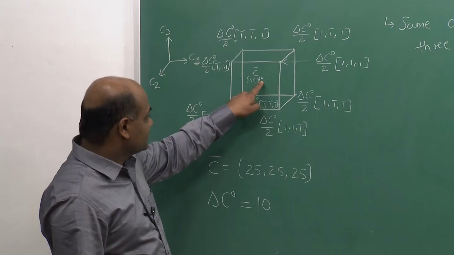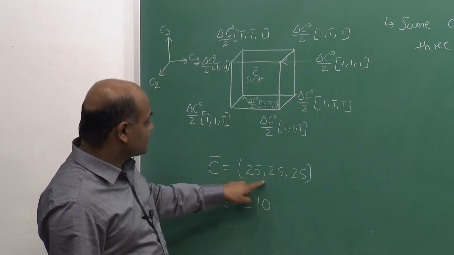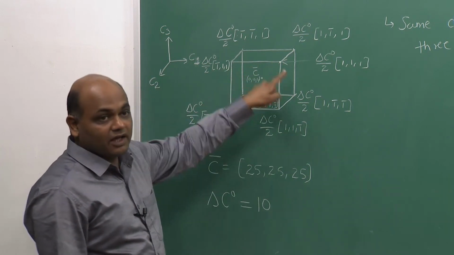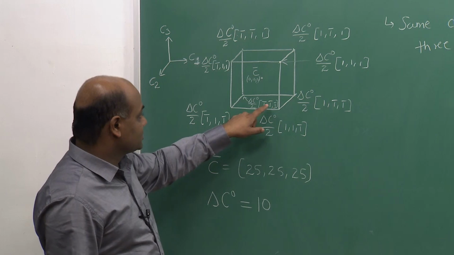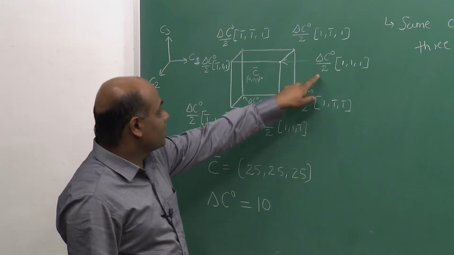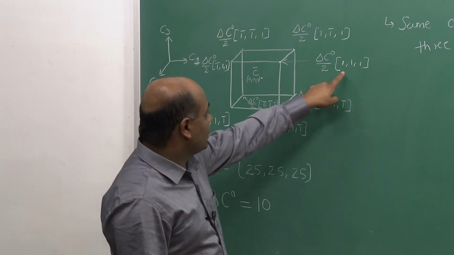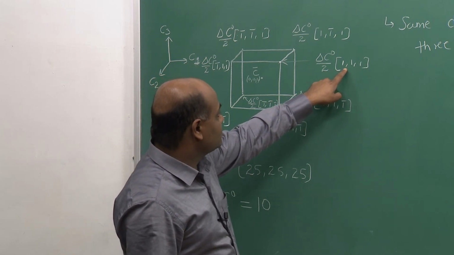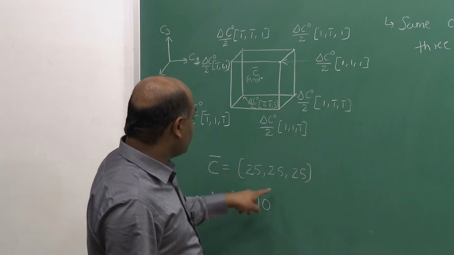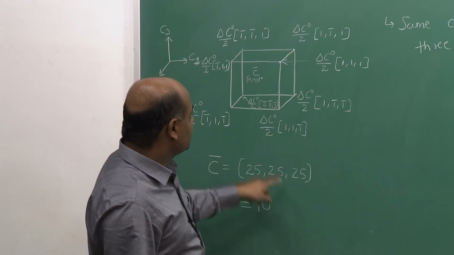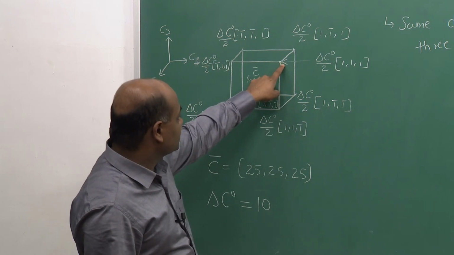With this, the center here is 25, 25, 25. I need to find out the 8 corner compositions, and these coordinates will help me to do that. Okay. So, 1 1 1 times delta C0 by 2 means I need to add 5 5 5 to this to get the composition of this corner.